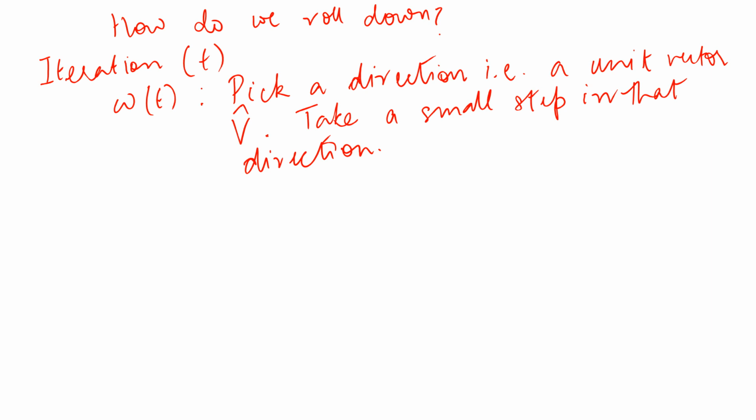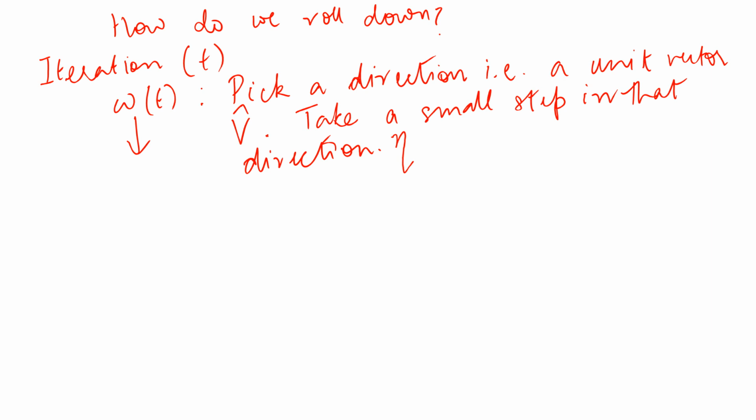Okay, so what does a small step mean? Well, this is your choice: you have to decide how small the step is going to be, but let's denote that small step by eta, right? So this is my step size. Take small steps, be extremely cautious, keep taking these steps and keep updating your weights until you reach a certain point.